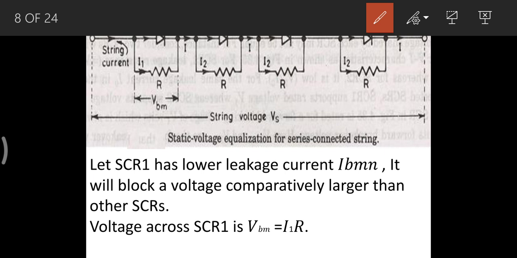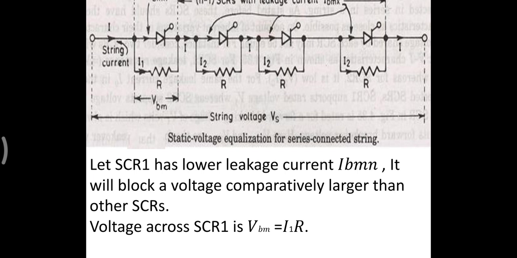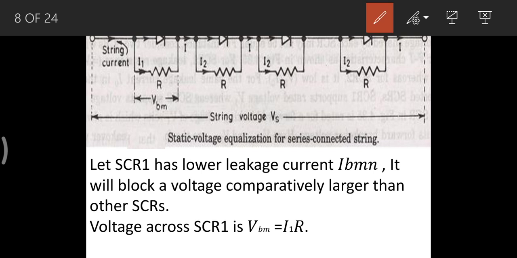So let SCR1 have a leakage current, see here, for the circuit diode 1, let us consider the current through the SCR is IBM1. It will block a voltage comparatively larger than the other SCRs. So the voltage across SCR1 can be expressed as follows: this resistor is connected across the SCR, that means this resistor is in parallel with SCR1.